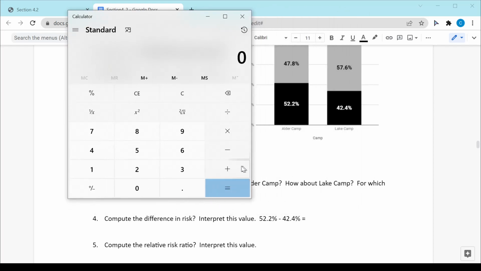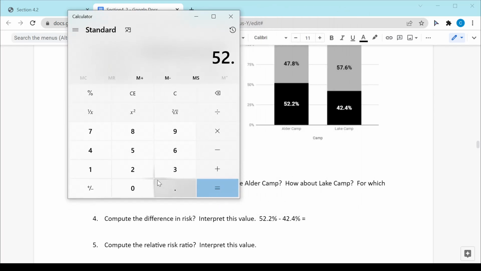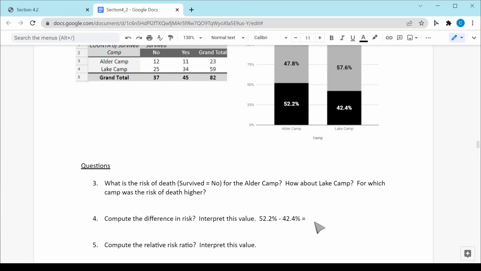So it's 52.2% minus the 42.4%. And that risk difference is 9.8%. Now, when we do the differencing, that percent stays with us. Okay, so interpretation of this value would be that the risk of death at the Alder camp was 9.8% higher than the risk of death at the Lake camp.